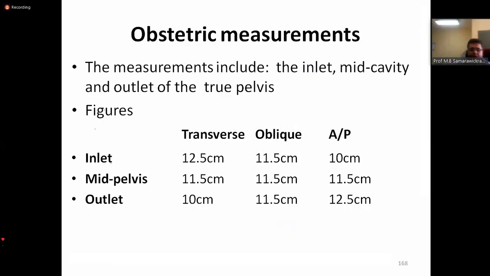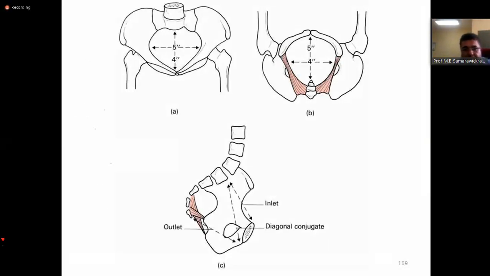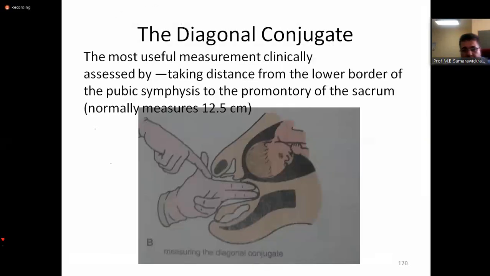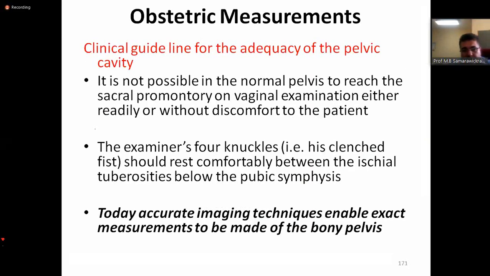Right. So obstetric measurements, I am not going to explain these things, just to highlight that these are the things you should know, especially when you're coming for the Viva. This is a common Viva question because you will get at least one or two gynecologists, and they will ask this, right? And different shapes and sizes of pelvis, gynecological assessment, right?